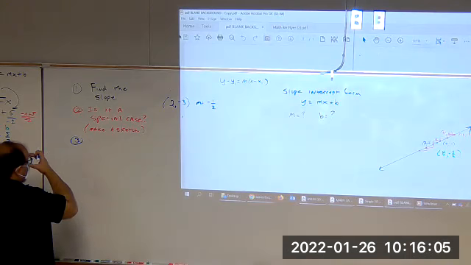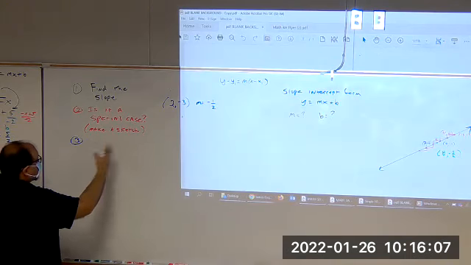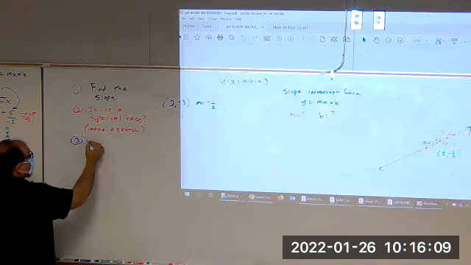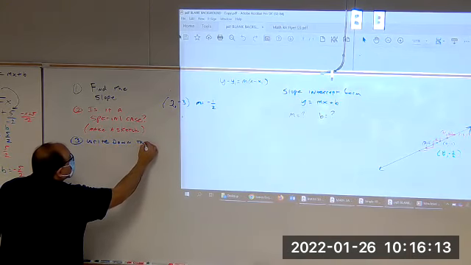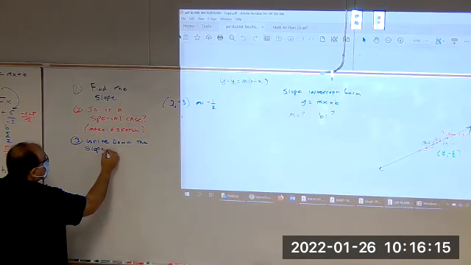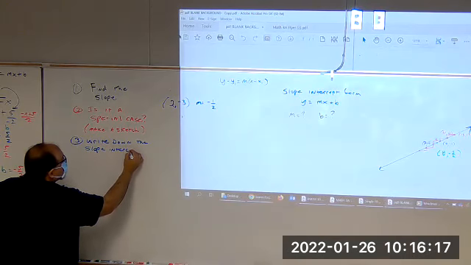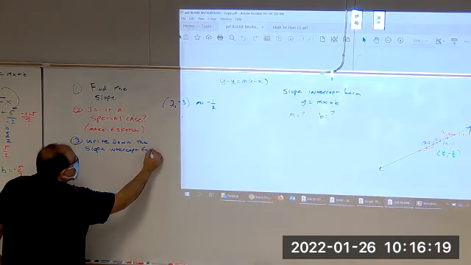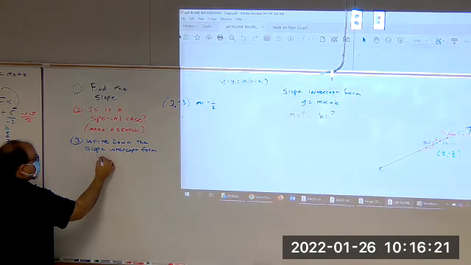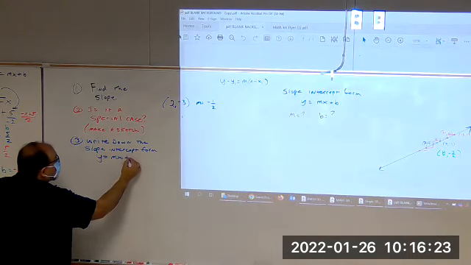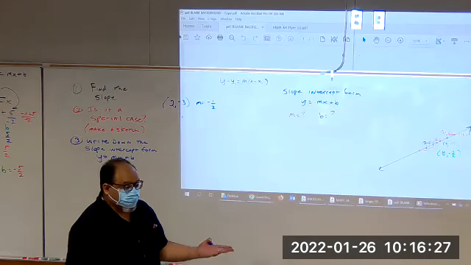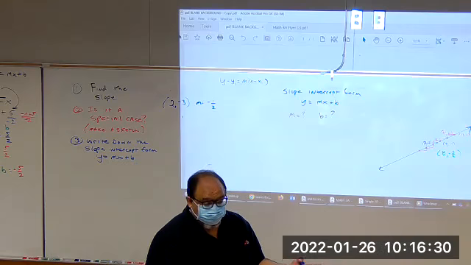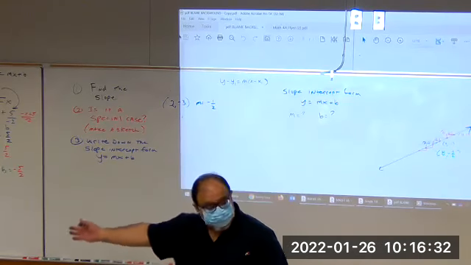And I get real OCD about this. I'm going to write down the slope intercept form. Remember, I said this is a puzzle. When you do a puzzle, you put all the pieces out on the table. Turn all face up so you know what you're looking at. And then you put the box away in the closet.